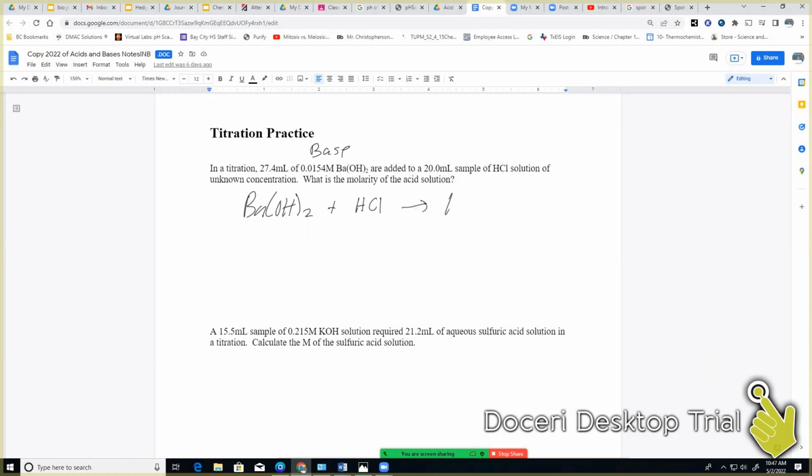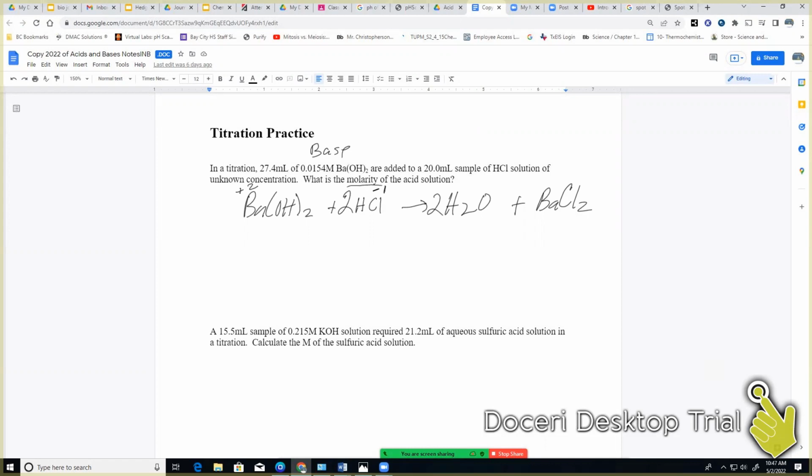So that neutralization is going to give me water plus barium chloride. When you write that salt, you have to check your charges. Barium's a +2 and chloride is a -1. So when they were put together, I had to give the chloride a 2. And then on this one, we'd have to balance a little bit. I would need a 2 here and a 2 here. Then that would be balanced.